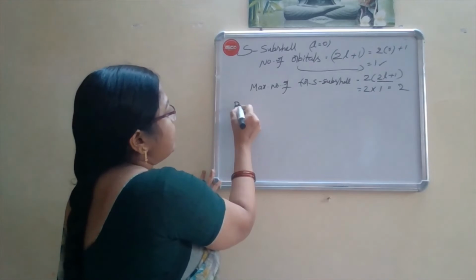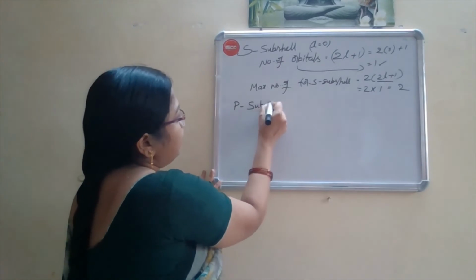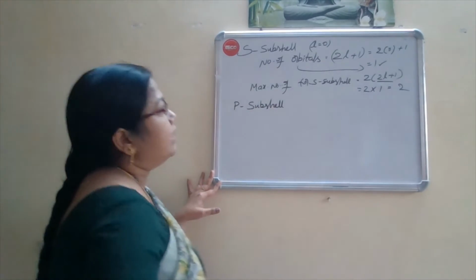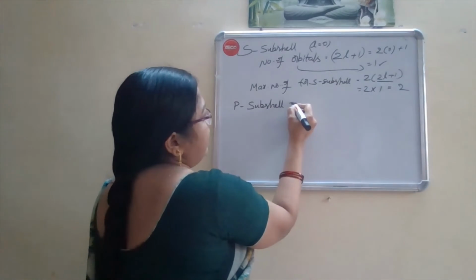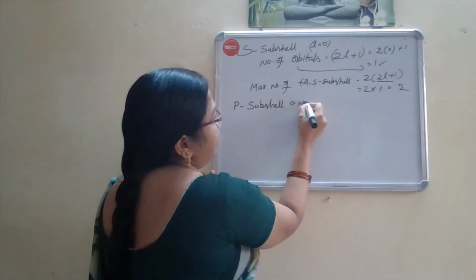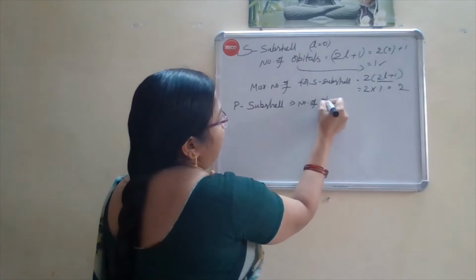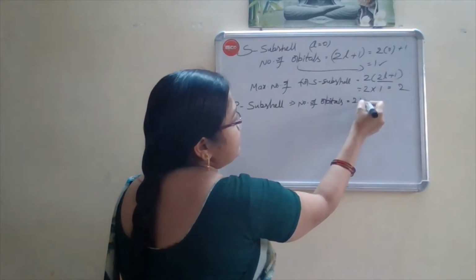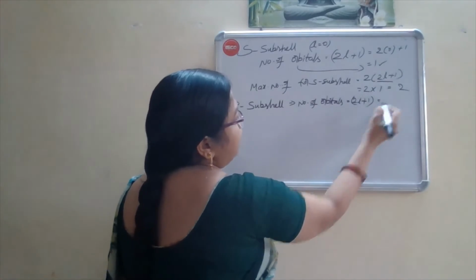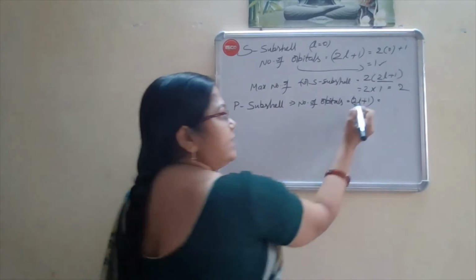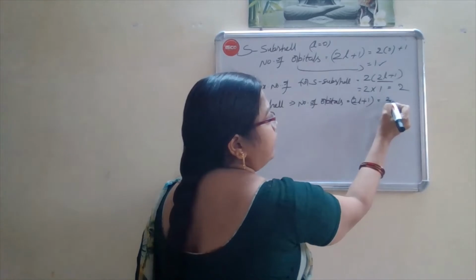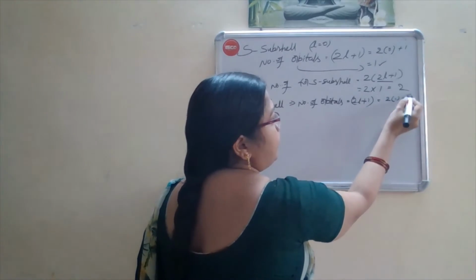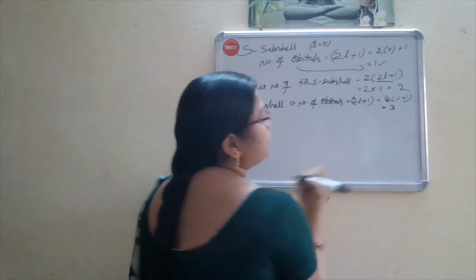Next, P subshell. First we calculate the number of orbitals, 2L plus 1. For P subshell, L is equal to 1. That is equal to 3.